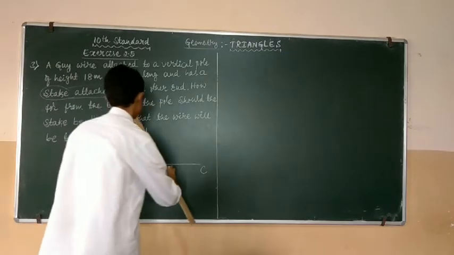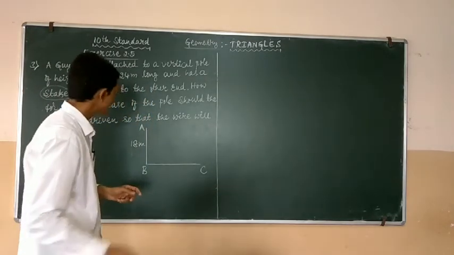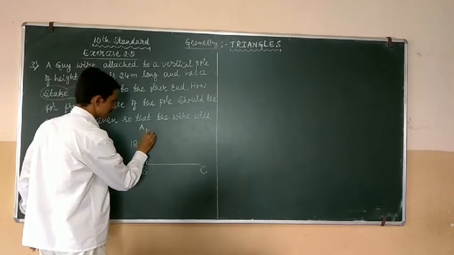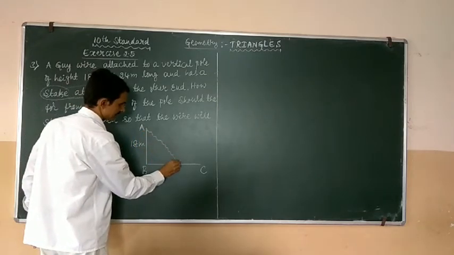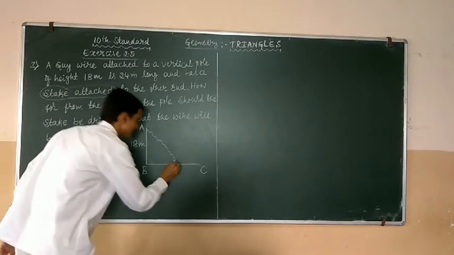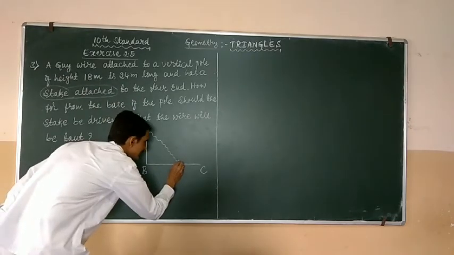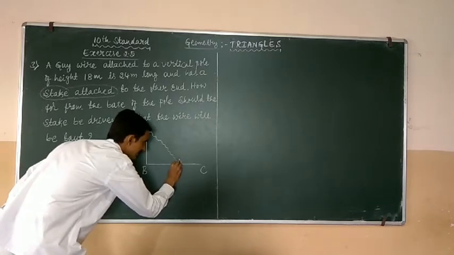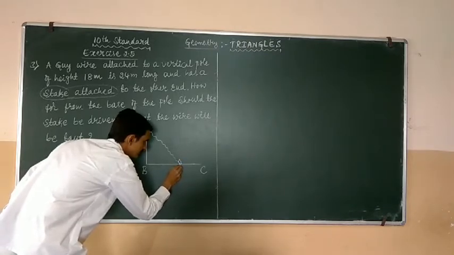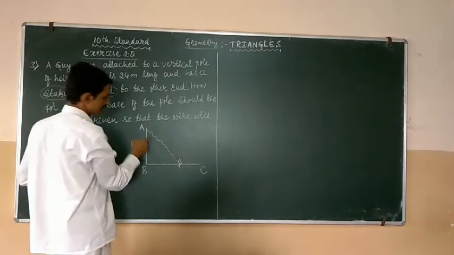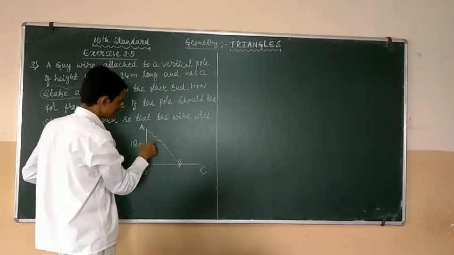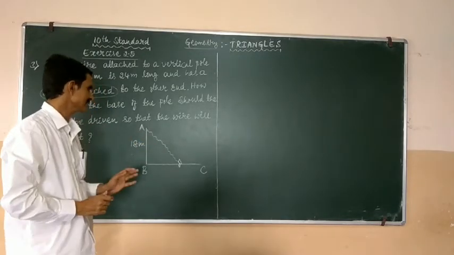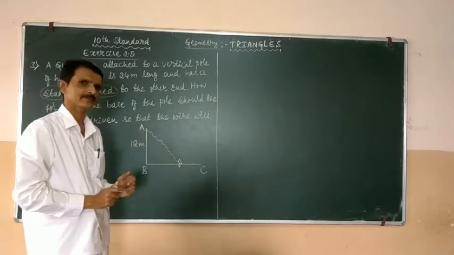So the wire is attached to the stake. If you observe this, the wire is loosely lying on the ground.